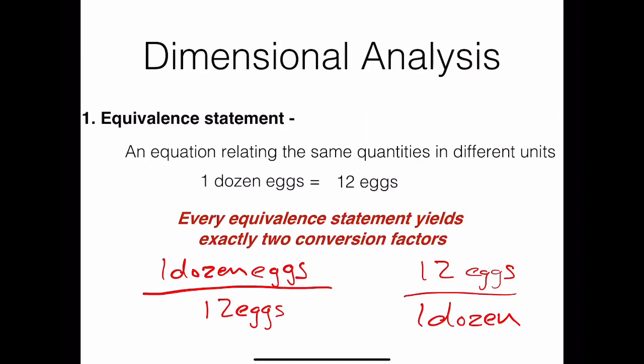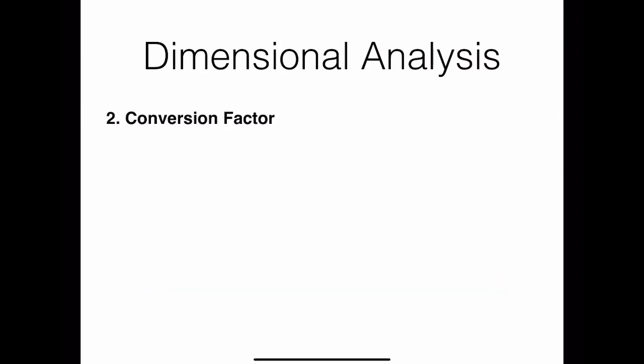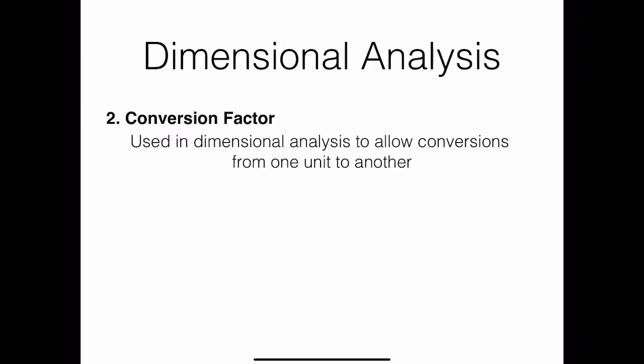One of them means 1 over 12, the other one means 12 over 1. But which one we use is going to depend on what we're starting with in the first place. Sometimes we might have to divide to get into the right unit, sometimes we might have to multiply. And depending on what we have to do is going to determine which of these equivalent statements we're going to use, or which of these conversion factors we're going to use.